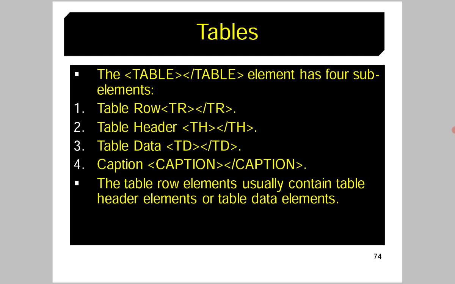Tr tag means table row. Generally, a table row is an entire row, a collection of all the columns in a table, and it is called a table row.